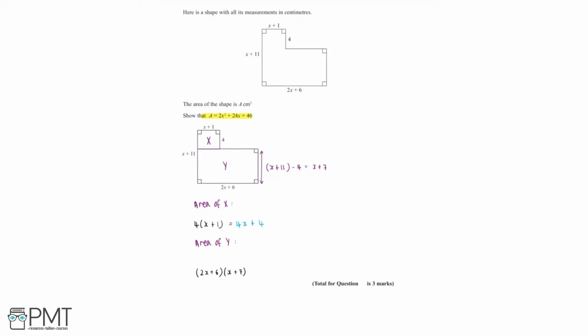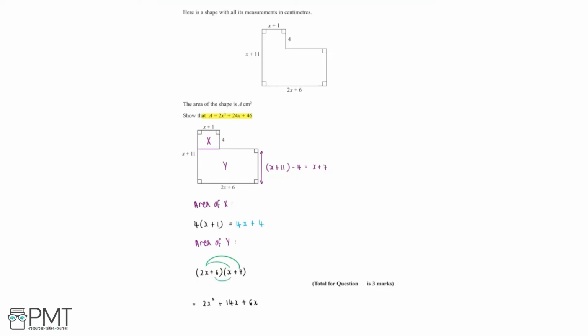And so we can expand these double brackets. We'll start by finding 2x multiplied by x, which is equal to 2x squared. Next, 2x multiplied by 7 is equal to 14x. We then have 6 multiplied by x, which is equal to 6x.